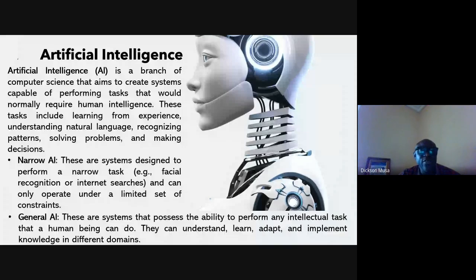These tasks include learning from experience, understanding natural language, recognizing patterns, solving problems, and making decisions. You agree with me that these are things that human intelligence is required to be able to do.